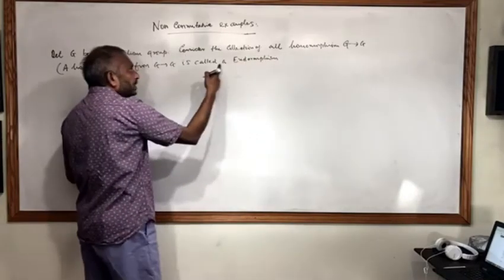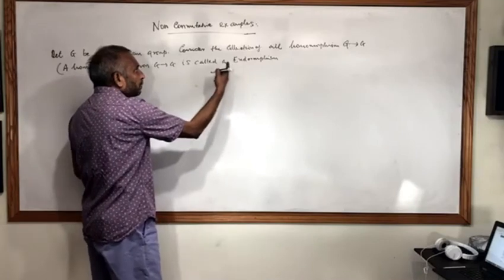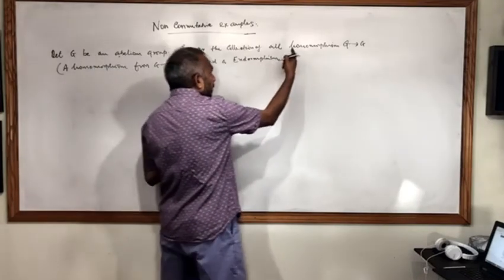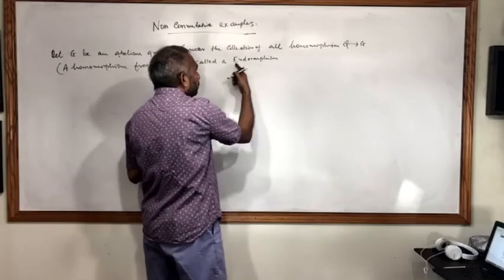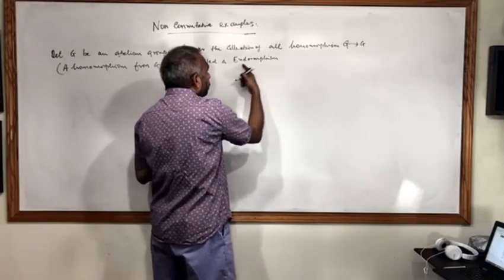This is not an isomorphism, because for an isomorphism this has to be bijective. This doesn't need to be bijective. It could be any homomorphism from G to G.